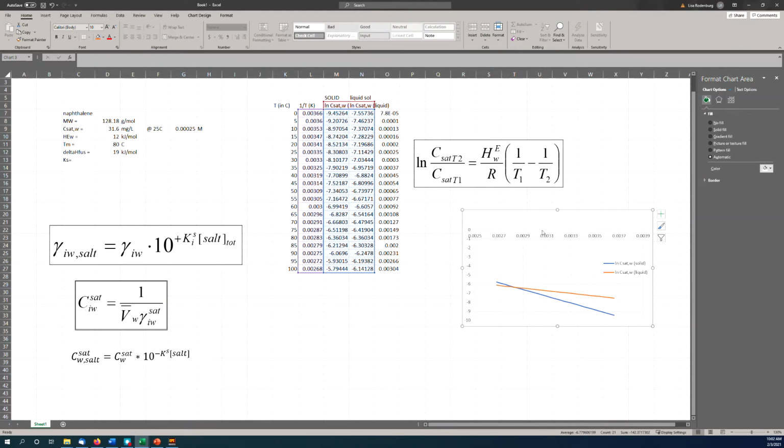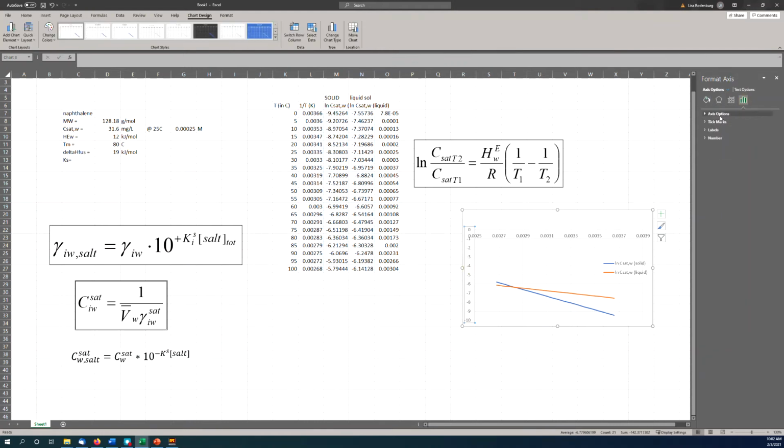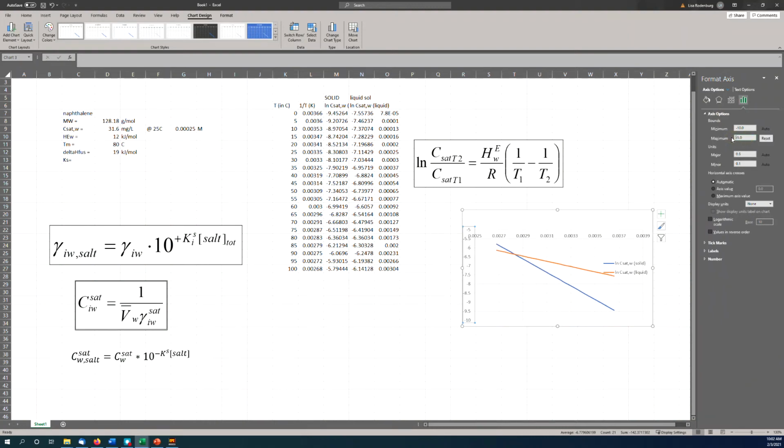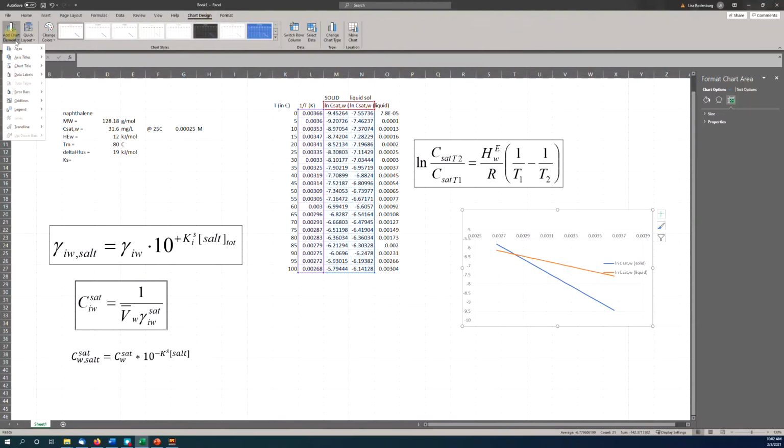Okay, so now, first of all, let's make this look a little bit nicer so it's a little bit easier for me to draw on this plot. So I'm going to have the max go to -5. There we go. Okay, so now this looks nicer. So remember, again, let's add some useful stuff to our plot here. Chart design, axis title, horizontal axis. This is now 1 over T in Kelvin.